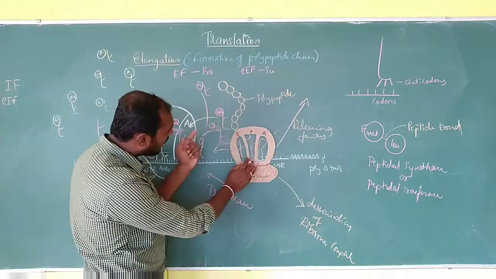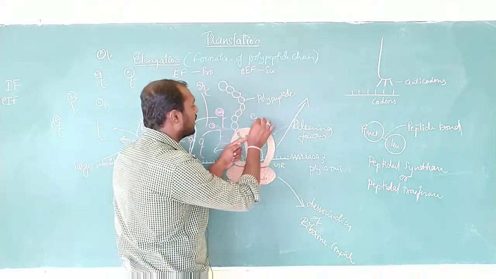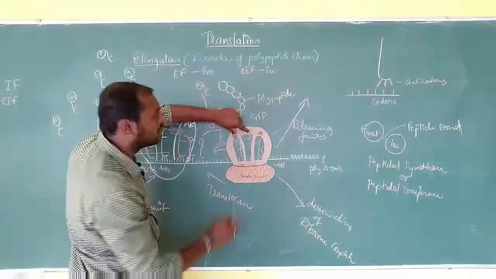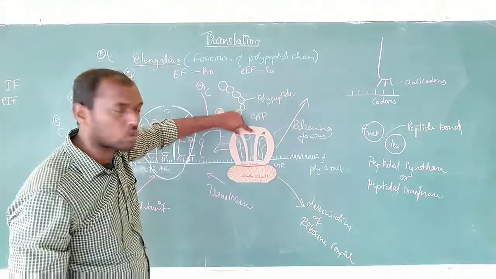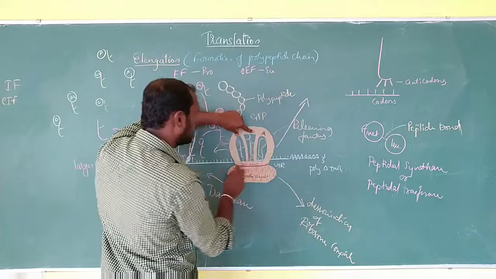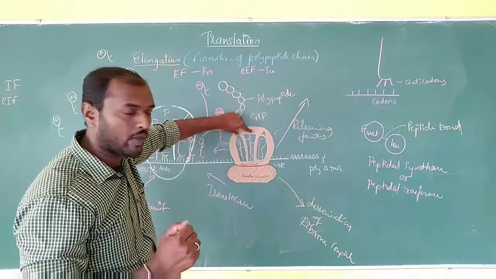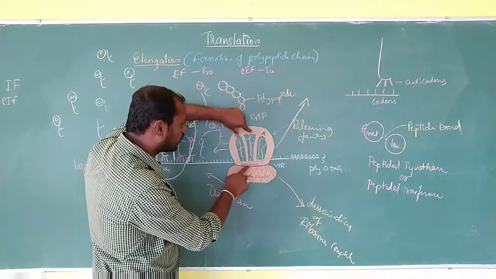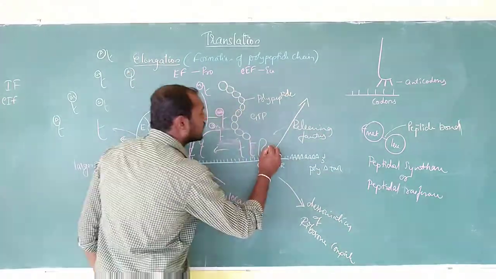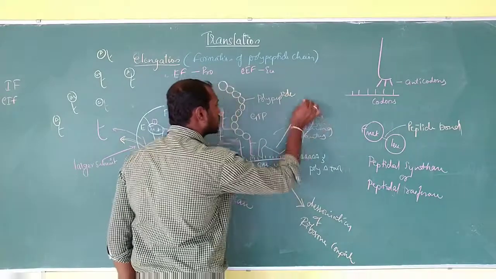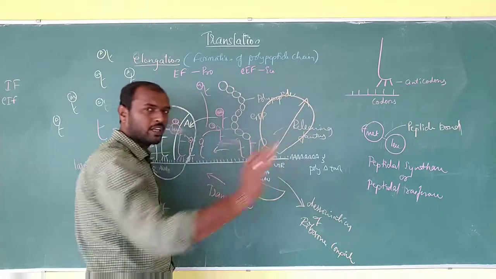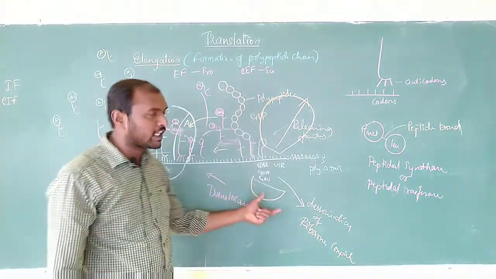GTP energy is not used here. When it reaches the last stop codon, there is nothing to form protein or to bring an amino acid. That's why the releasing factor binds and dissociates the complex. This complex is going to dissociate into the larger subunit and the smaller subunit, separating the two. This is what we call termination.